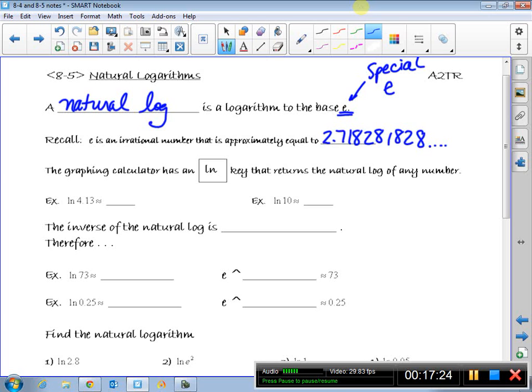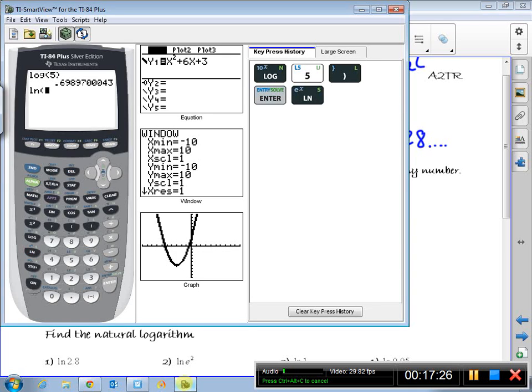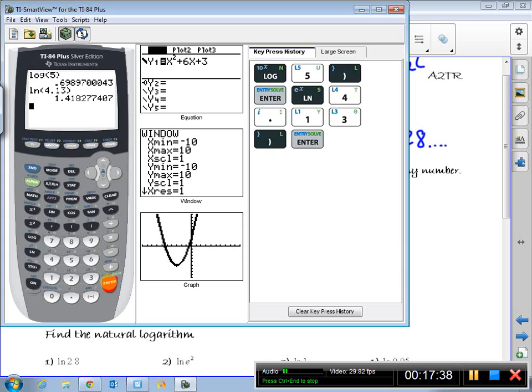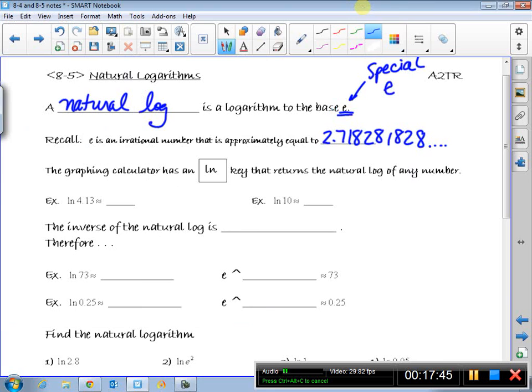Simply means you're going to type it in. ln of 4.13. And enter. And we see that that is 1.418277, etc. So we can write that in.